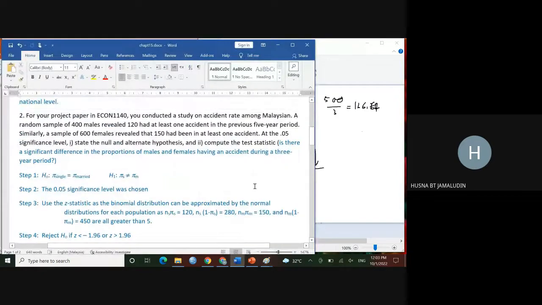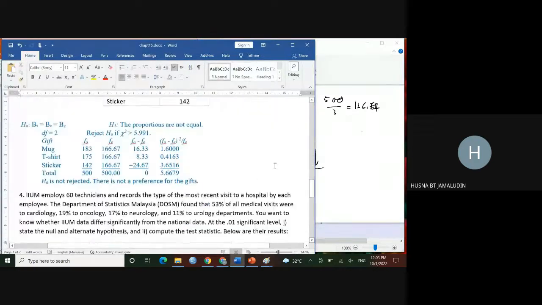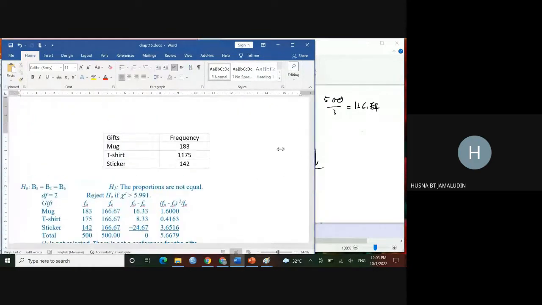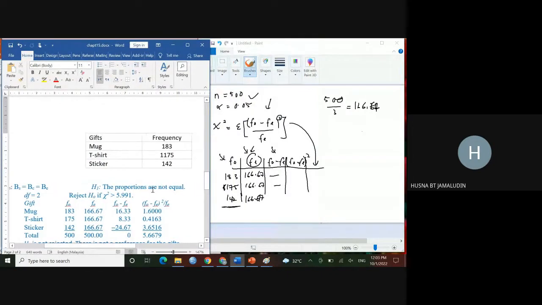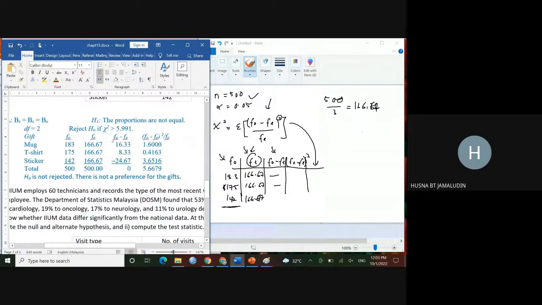Let me see, because the textbook loves to use the long working, which I don't really like, but I'm afraid that you will use it. So if you use observed minus expected, you should get 16.33, and then if you square it, you will get 266.78.